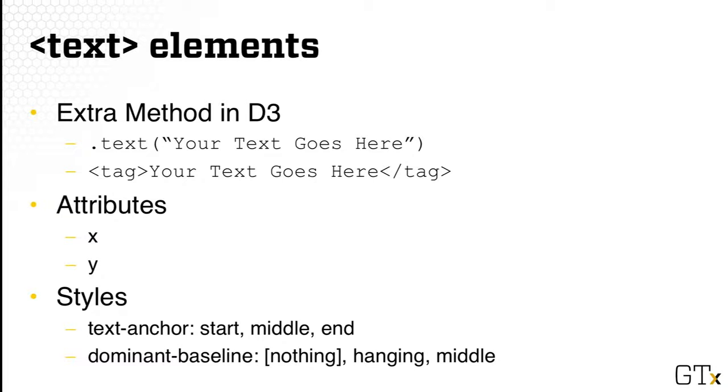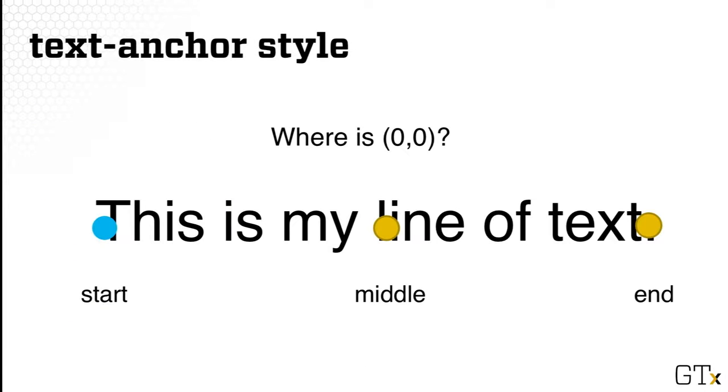Something that's confusing is that depending on where you set the text anchor and dominant baseline, you can have very different looking text. For text anchor, we have 3 possibilities: start, middle, and end. For dominant baseline, we have nothing, hanging, and middle. So what are they, and why are they so confusing? Here's an example.